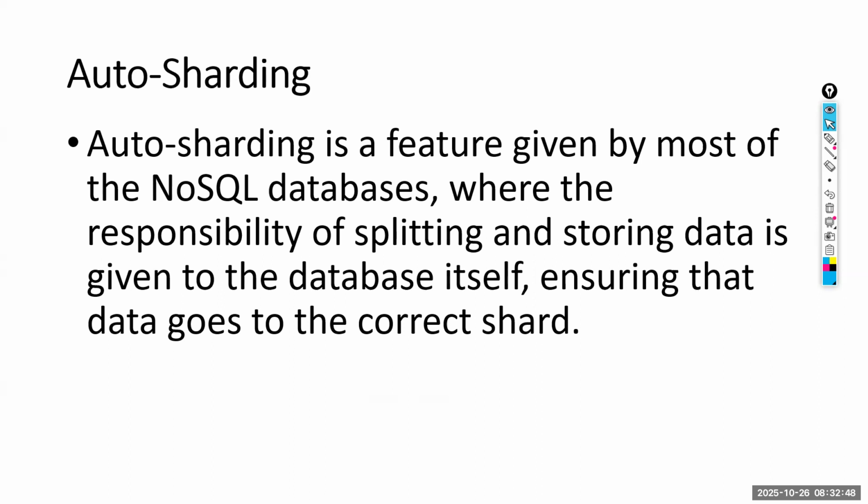Using that statistics, your DBMS can also suggest, okay, let's fragment like this, let's allocate like this. Then you call it auto sharding. Especially we use it in NoSQL databases, like Facebook, YouTube. They heavily use NoSQL databases.